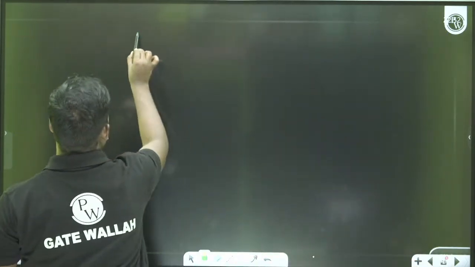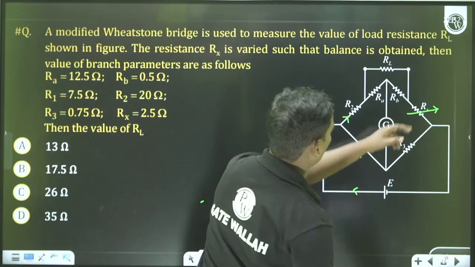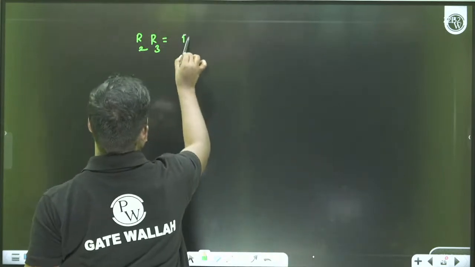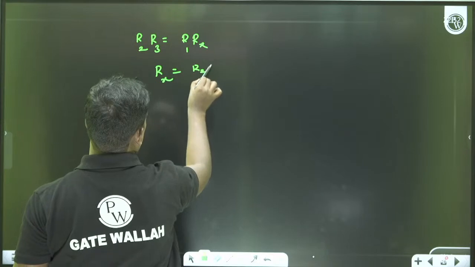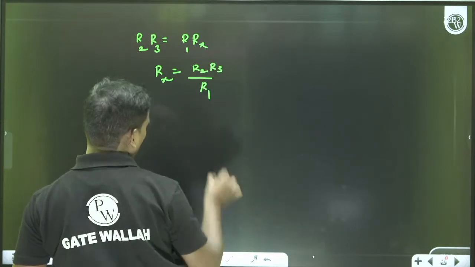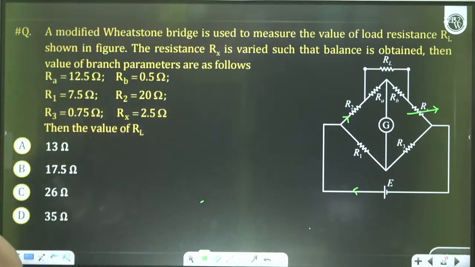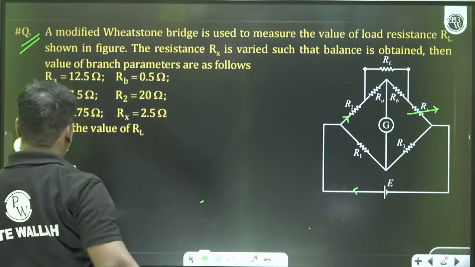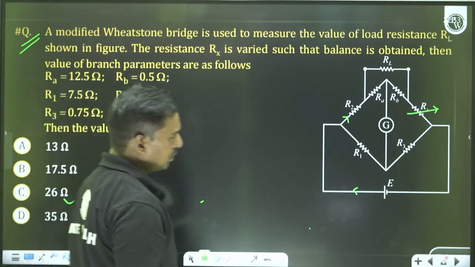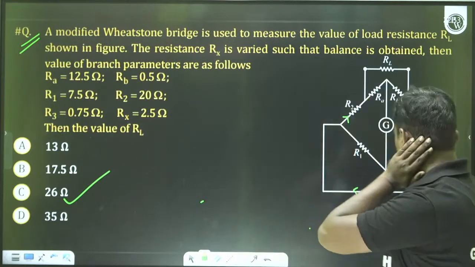For a Wheatstone bridge, we get R2 R3 is equal to R1 Rx. Usually we take Rx as R2 R3 by R1, but here we have some extra components, so we have to include those as well. The right answer is coming as 26 ohms. I will explain this with some network concepts in later classes.